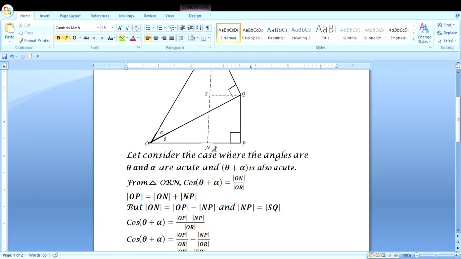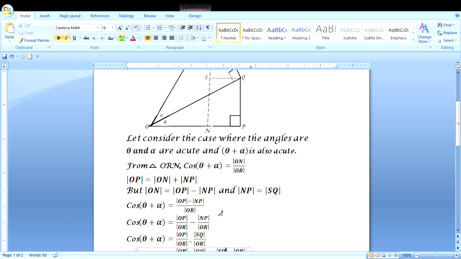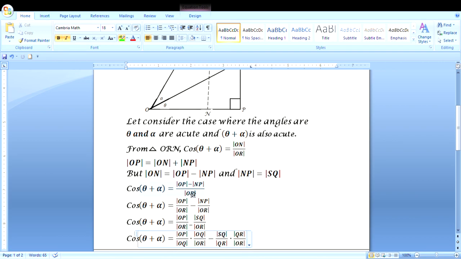But here, the line NP is also the line SQ. Now let's substitute in place of ON the line OP minus line NP, so that cos theta plus alpha is equal to the line OP minus line NP, divided by the line OR.